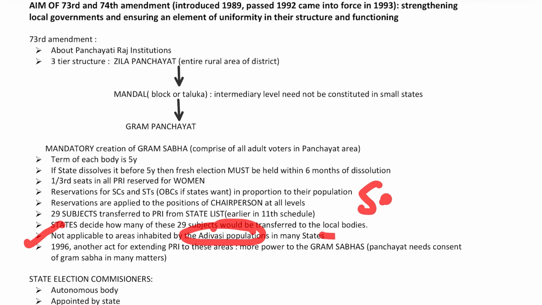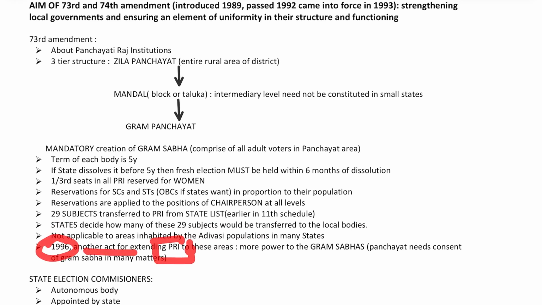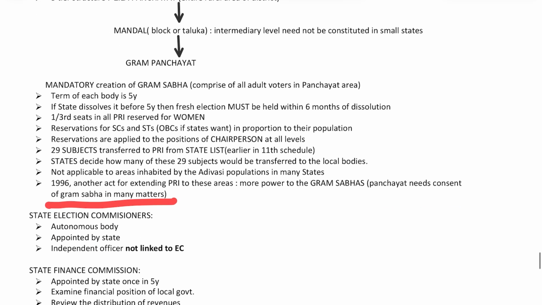So the Schedule 5 areas, it was not implemented over there, but now they are having provisions. So after that, this was implemented. Then in 1996, another act extended these panchayati institutions to these areas, giving more power to the Gram Sabhas. As I told you earlier, the panchayats need the consent of the Gram Sabha in many matters.